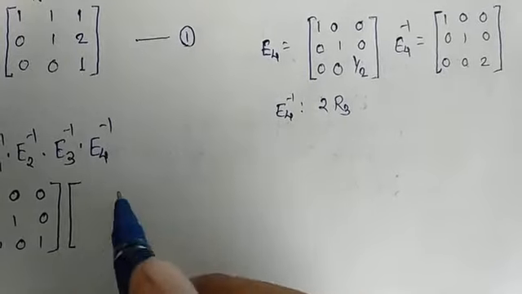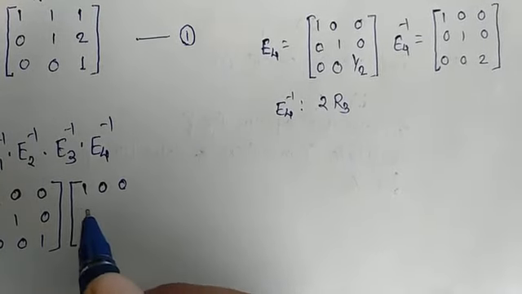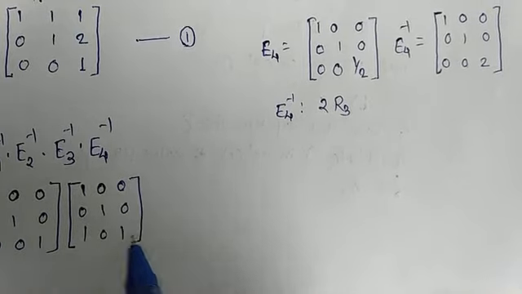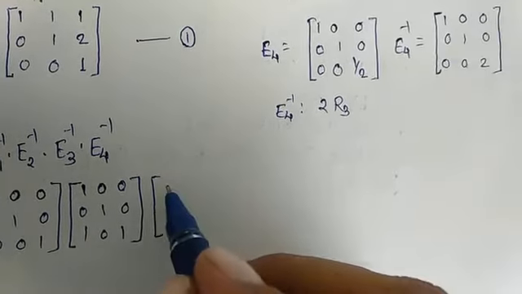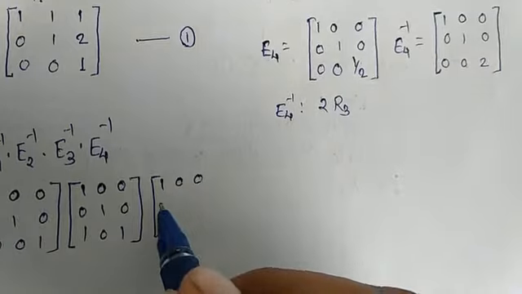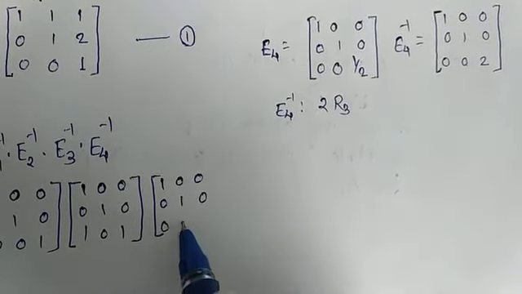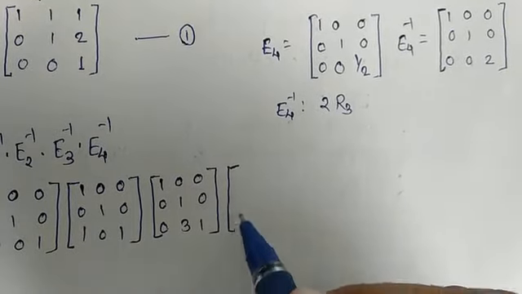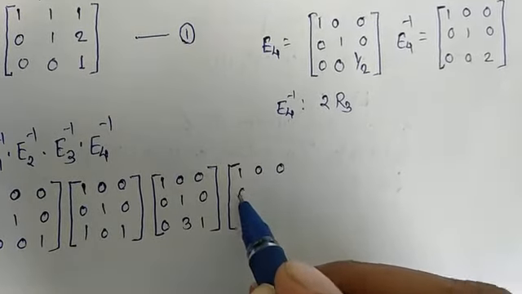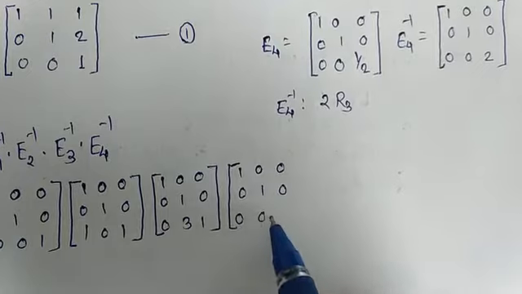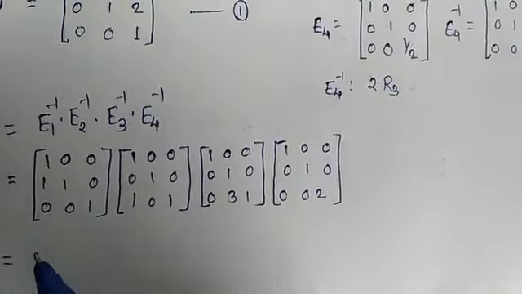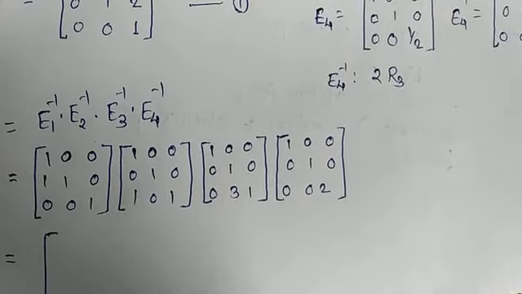E2 matrix is 1 0 0, 0 1 0, 1 0 1. Okay, next E3 is 1 0 0, 0 1 0, 0 3 1. Next E4 is a matrix 1 0 0, 0 1 0, 0 0 2. Okay, so we have to multiply these inverse matrices with each other.